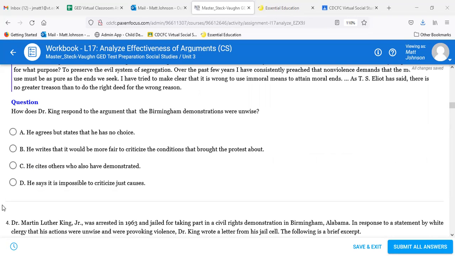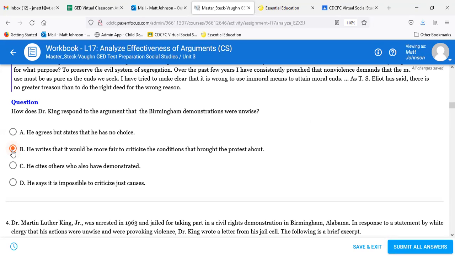C. He cites others who also had demonstrated. D. He says it's impossible to criticize a just cause. B. Yeah.